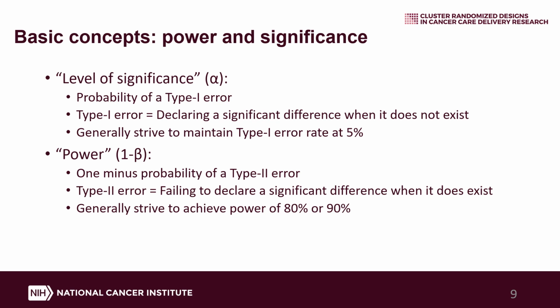We generally strive to maintain this type 1 error to be low, and it's typically set at 5%. The power, sometimes referred to as 1 minus beta, is 1 minus the probability of making a type 2 error, where a type 2 error is failing to detect or declare a difference to be significant when it truly is different. We generally try to achieve power of about 80 or 90%.